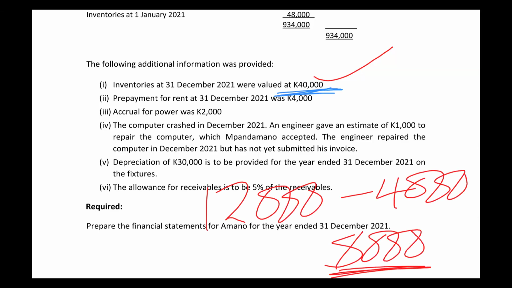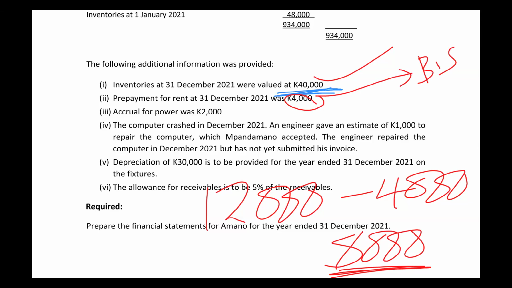What else do you do with the prepayments? This value of prepayments will also go under current assets in the balance sheet. Is that clear? The same 4,000. You put it in the balance sheet as current assets.